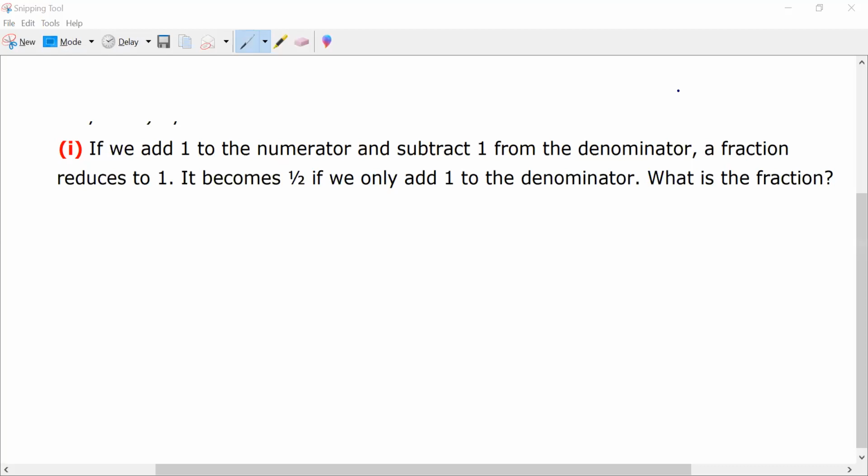Please listen to this particular question. If I add 1 to the numerator and subtract 1 from the denominator, the fraction reduces to 1. So x is the numerator and y is the denominator. If I add 1 to the numerator and subtract 1 from the denominator, the fraction reduces to 1.